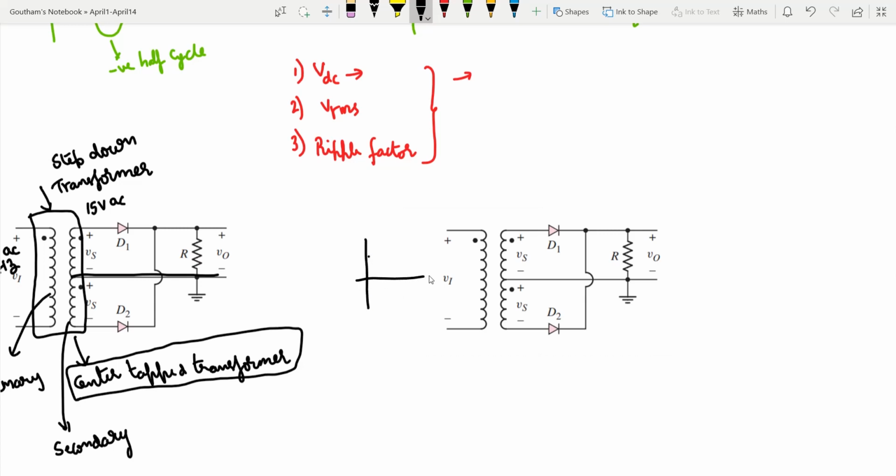If the input to the primary winding, vi, is something like this, what the center tap transformer does is it creates two copies of vs. This is vs and this is also vs. Between these two points we have one vs, and between these two points we have another vs. This is what a center tap transformer does.